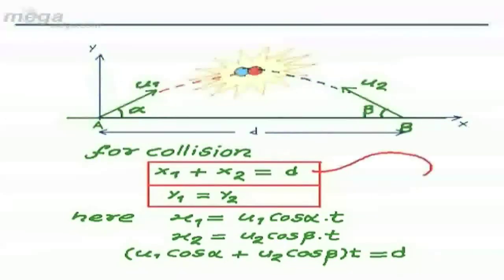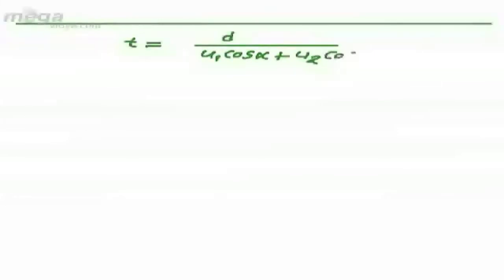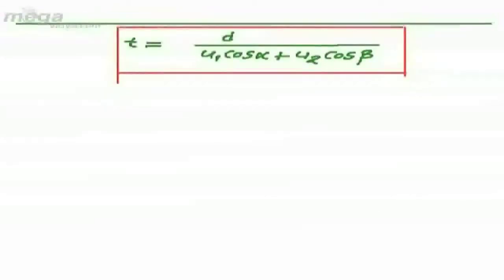So the time of collision can be calculated using this formula: d divided by u1 cos alpha plus u2 cos beta, which is the time at which these two projectiles will collide.